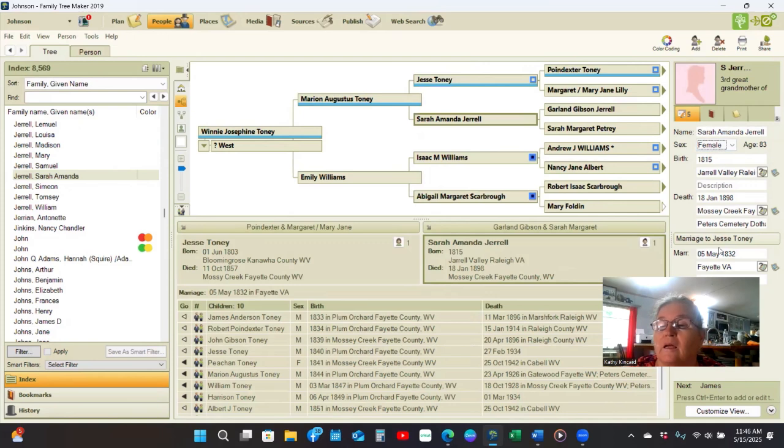Okay. And she also married, she was a Gerald to start with. And she married a Roop after Jesse died. So let's put that in. Second husband.